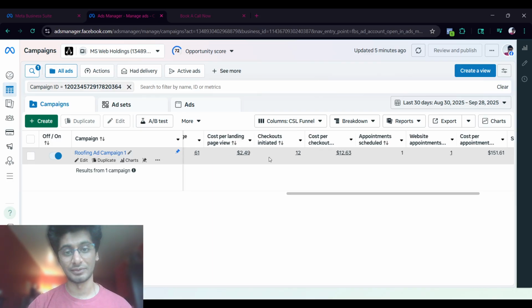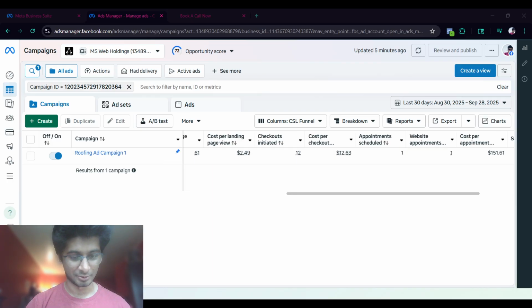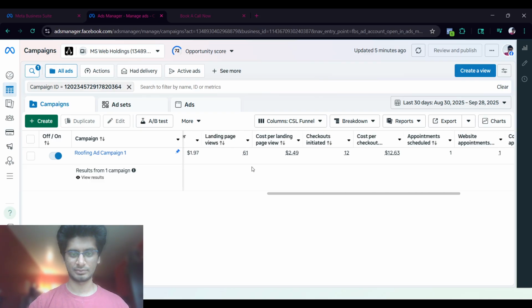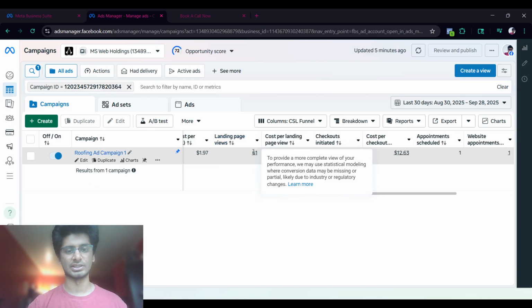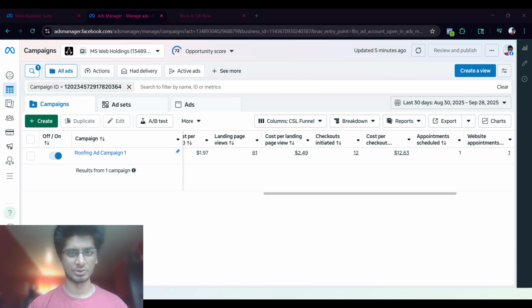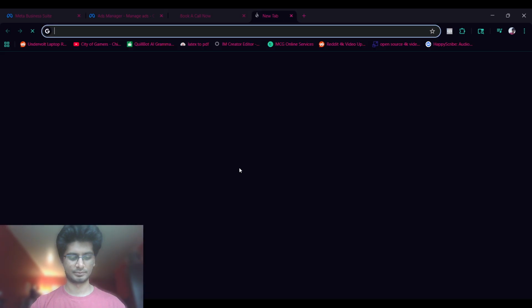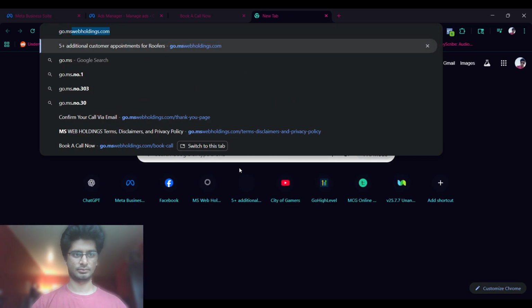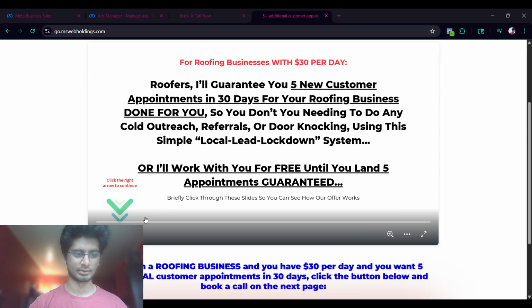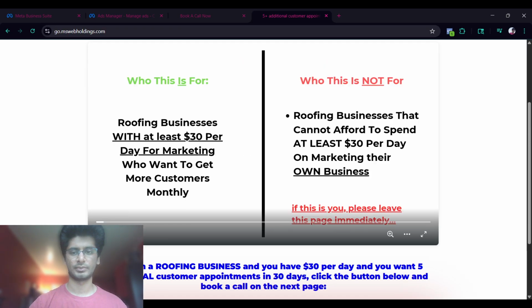Let's say we didn't have any initiate checkouts, or maybe just one, right? Then we would go to the previous column, landing page views, and see, do we have any landing page views? If we only have 0 or 1 initiate checkout, but 60 landing page views, that means there's something wrong with my landing page, the CSL funnel.